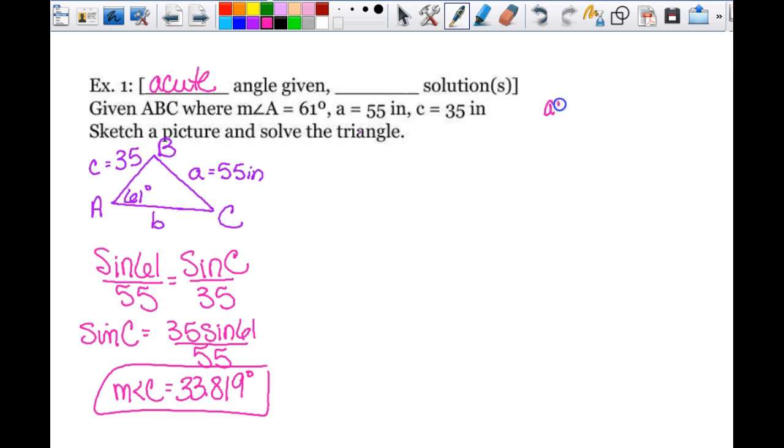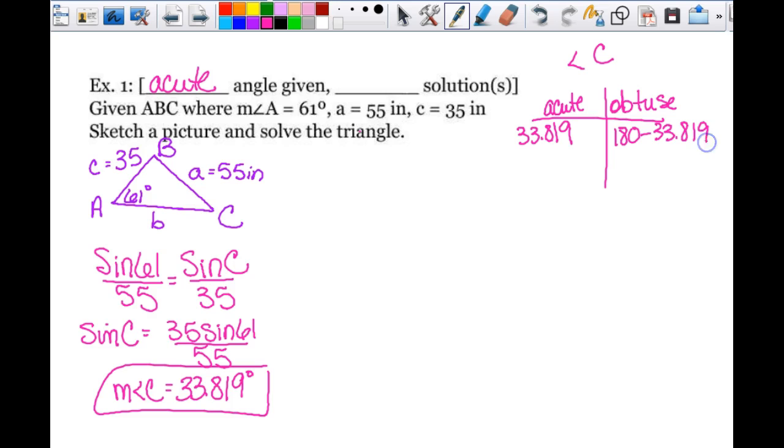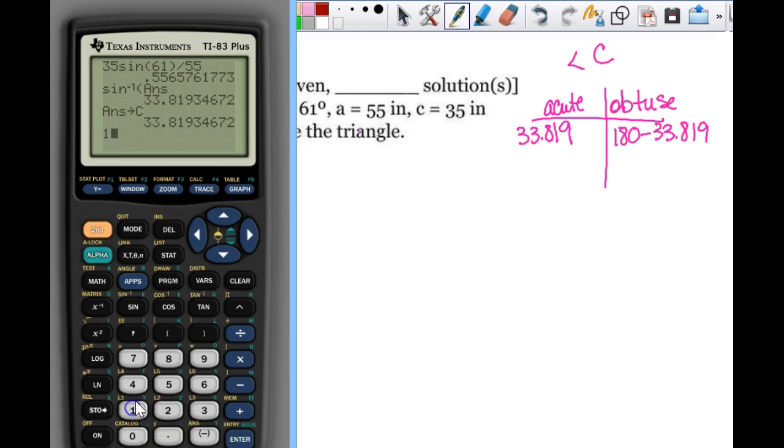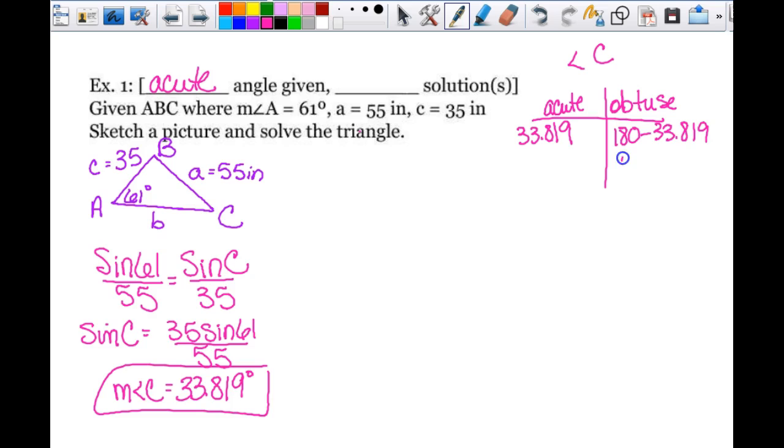So I have my two possibilities for my angles. I could have an acute angle for angle C. So the acute one would be 33.819. The obtuse possibility would be 180 minus the 33.819, right? And so on my calculator, I'm going to do 180, and I can just do minus alpha C, and I get 146.181.